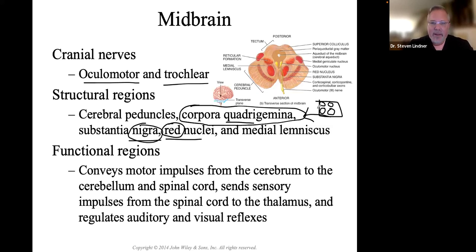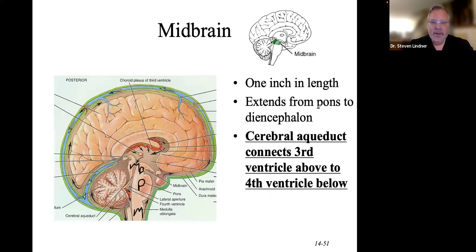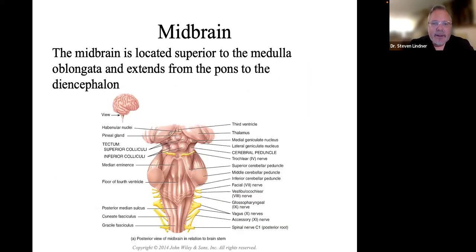If I go back a page right here to the midbrain, I'm going to circle it or put a square around it right here. 1, 2, 3, 4. Those 4 structures are the corpora quadrigemina.